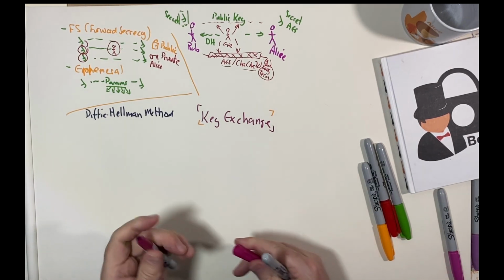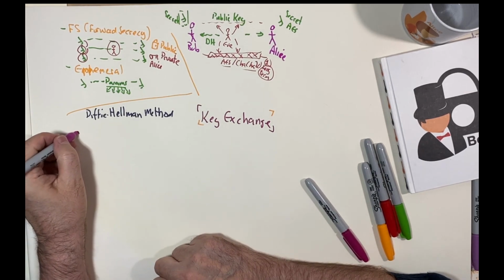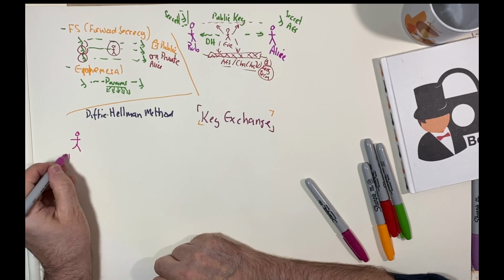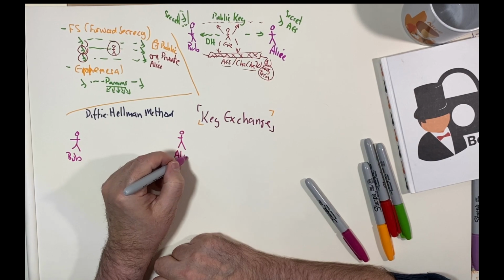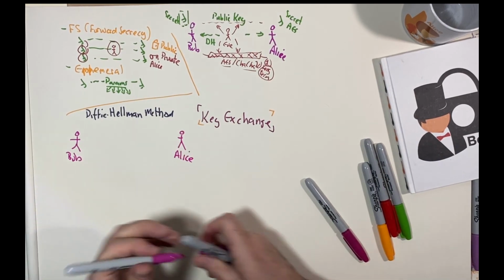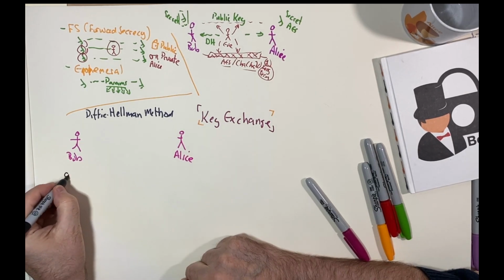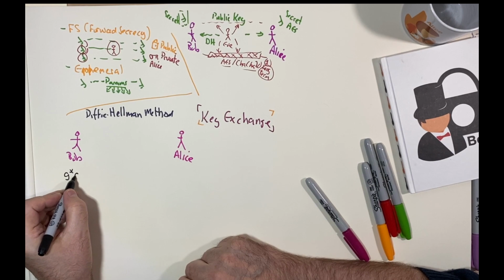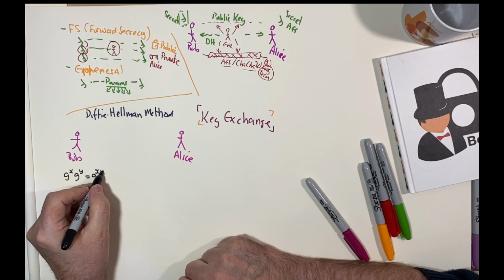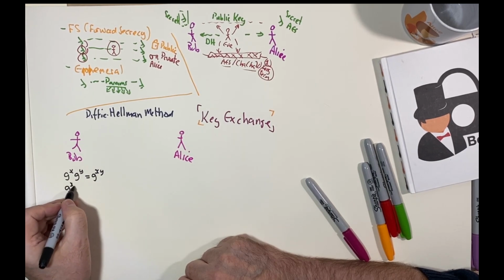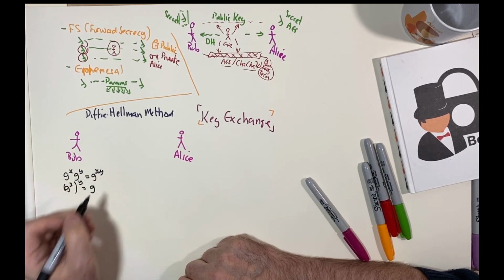And with this, in the core method, we use discrete logs. So if we have Bob and we have Alice here, what discrete logs gives us, if you remember in school, is that g to the power of x times g to the power of y is equal to g to the power of x plus y.